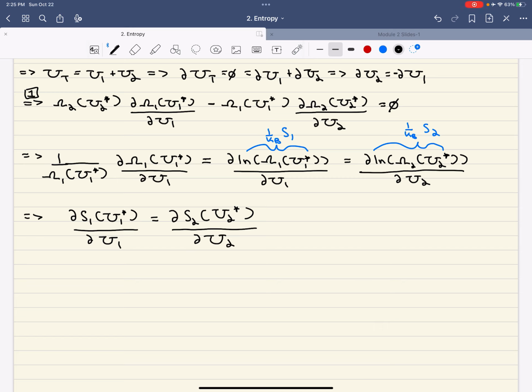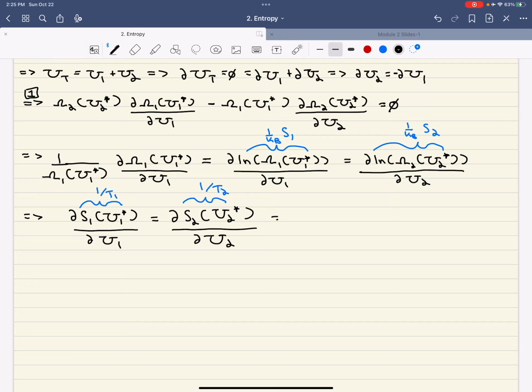Alright, so we have this relationship now, and these derivatives should actually be familiar to you, because based on just the general properties of entropy functions, we know that the derivative of entropy with respect to the internal energy is 1 over the temperature. So that one's 1 over T1, and this one's 1 over T2.